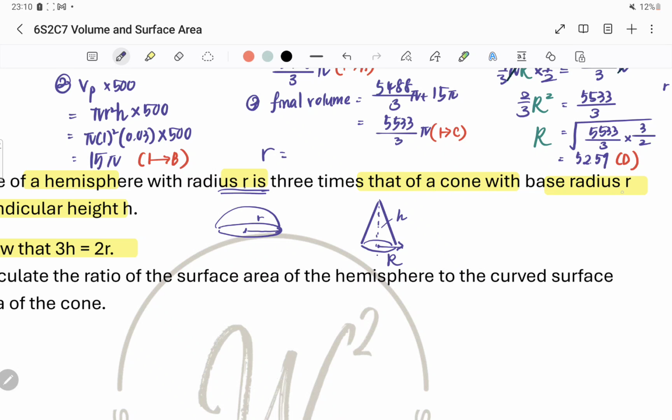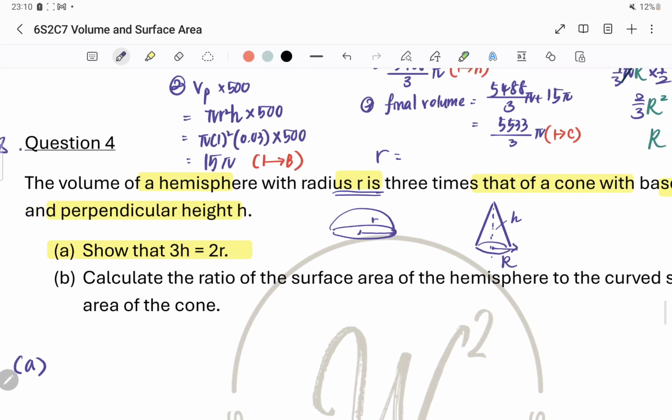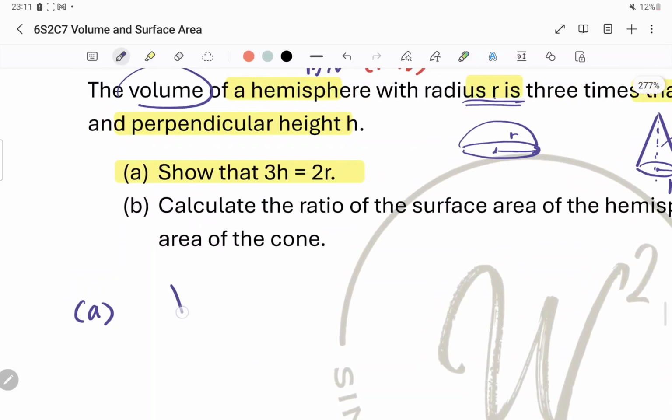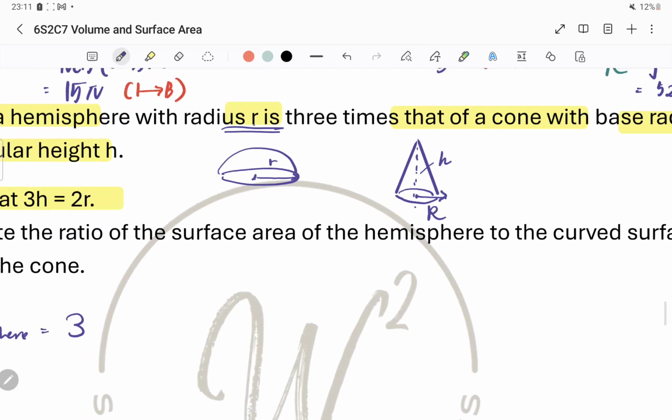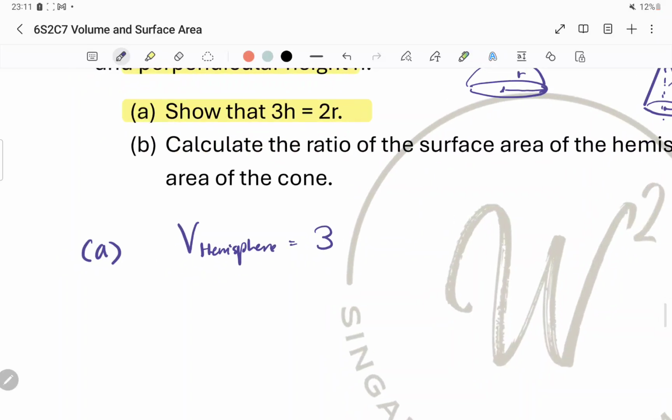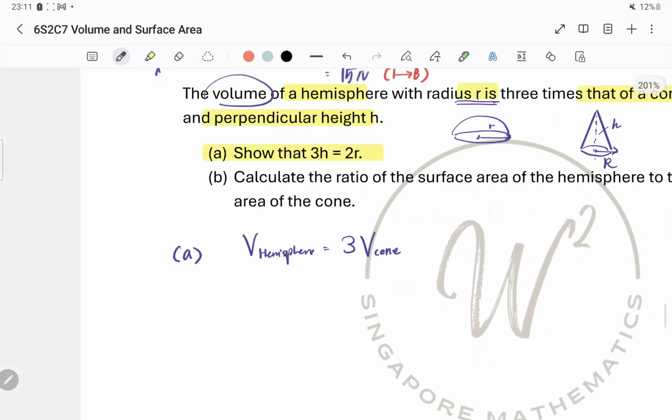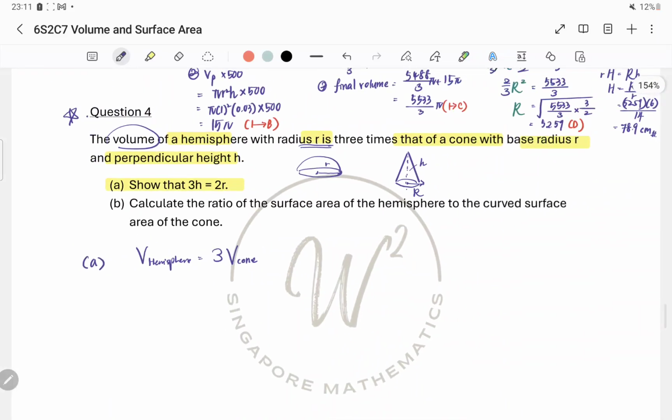The volume of the hemisphere is 3 times the volume of a cone with a radius r.